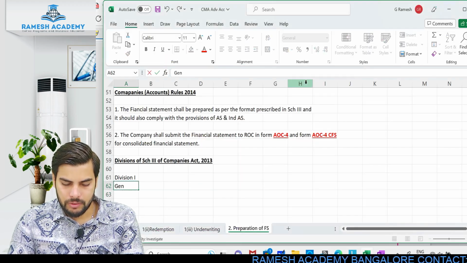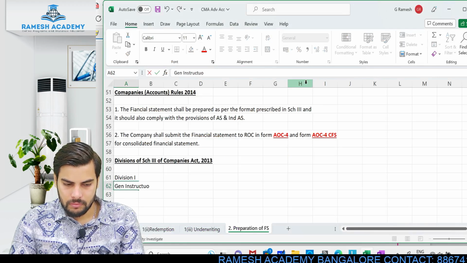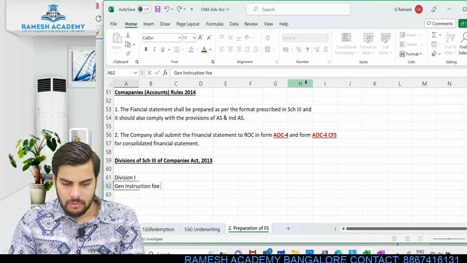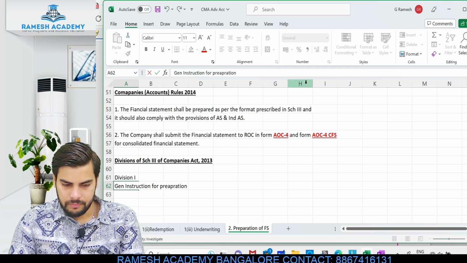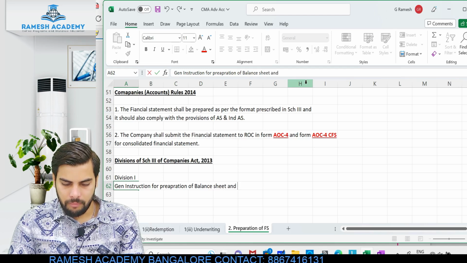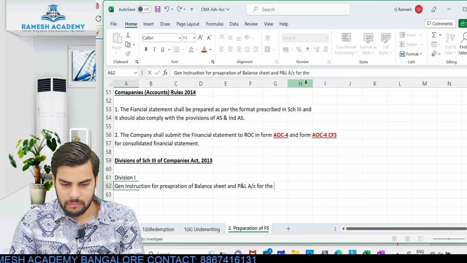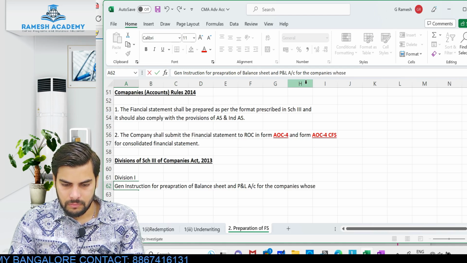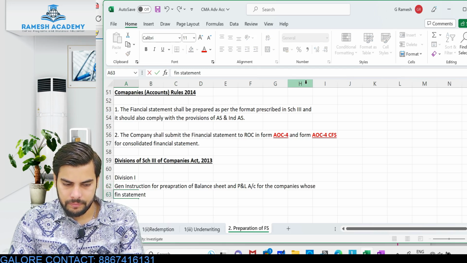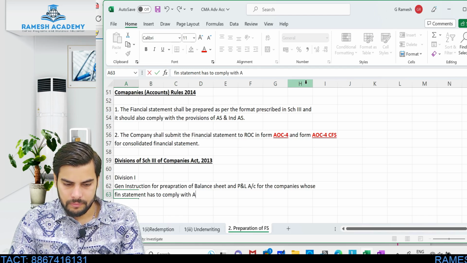So, general instructions for preparation of balance sheet and P&L account for the companies whose financial statements have to comply with accounting standard rules.